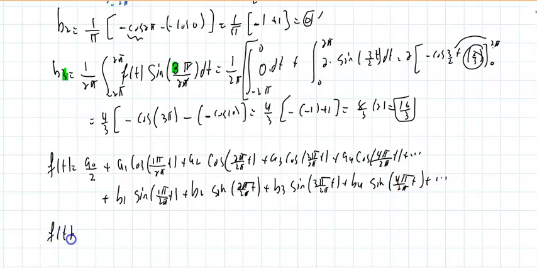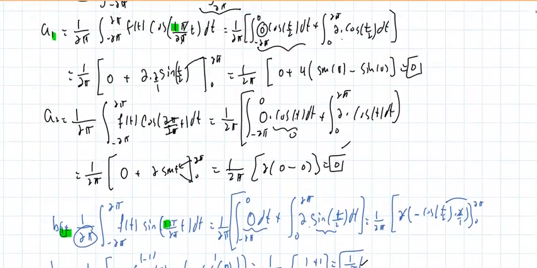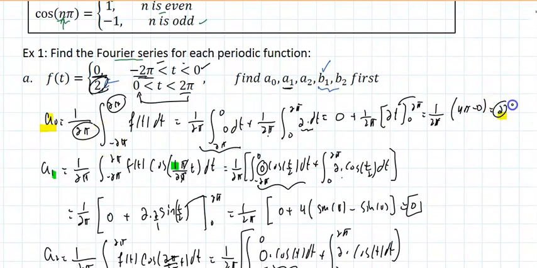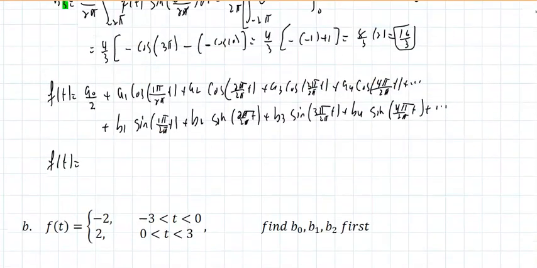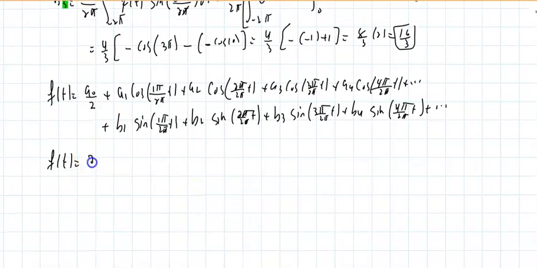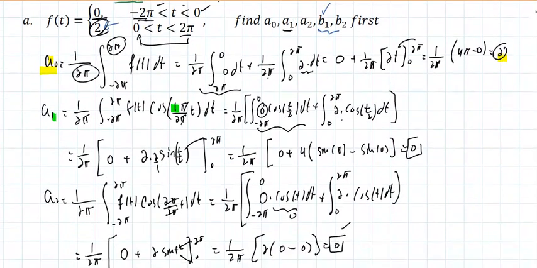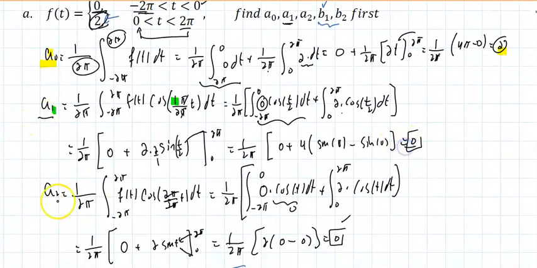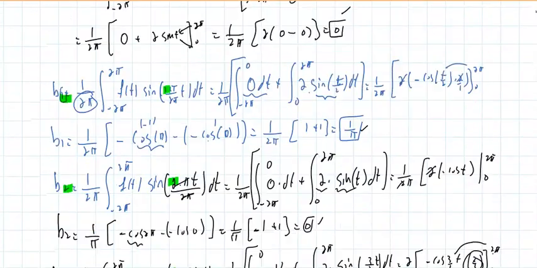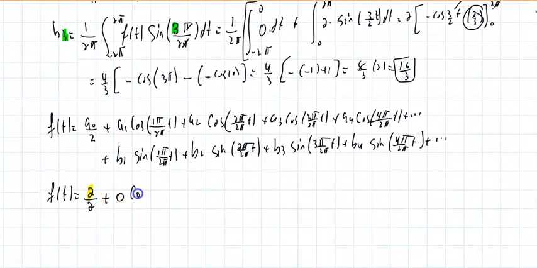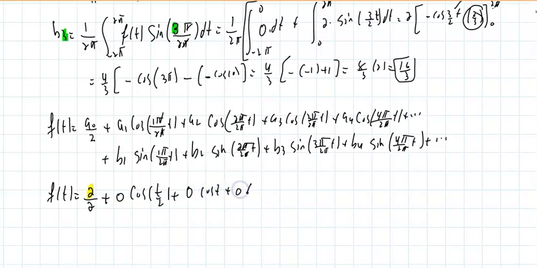If I fill in the blanks, that is a sub 0, I got that to be a 2 right there. So that would be 2 divided by 2. Again, this is a sub 0. Plus, do you notice that we got a sub 1 to be 0 and a sub 2 to be 0? And if I find a sub 3 to be 0, which means that 0 times the cosine of t over 2, plus 0 times the cosine of t, plus 0 times the cosine of 3/2 t.